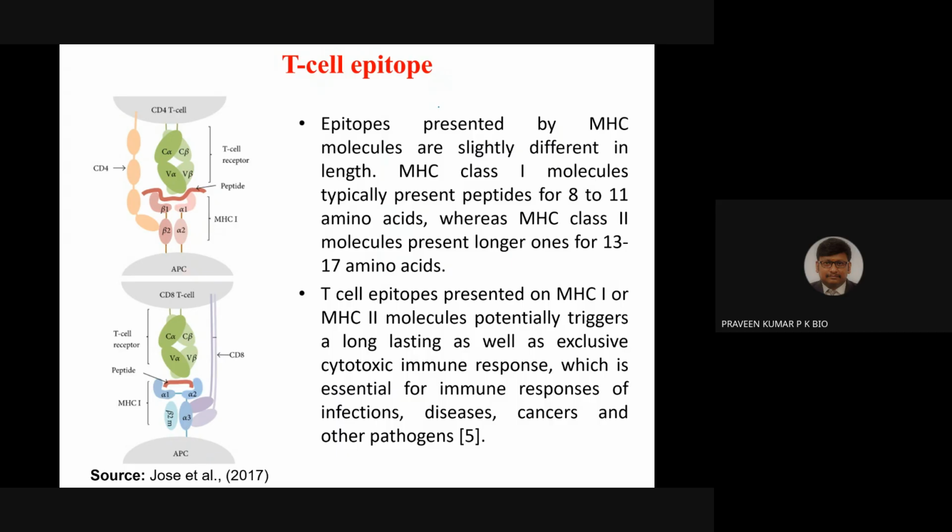In T cell epitope, I told you there are two types of T cells, cytotoxic and helper T cells. Generally, a T cell has a CD4 receptor on the surface. The orange color you can see is the CD4, a receptor present on the CD4 T cell.